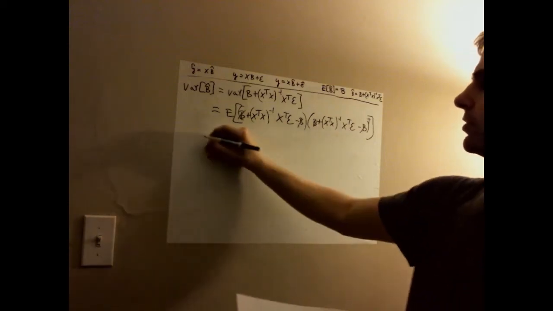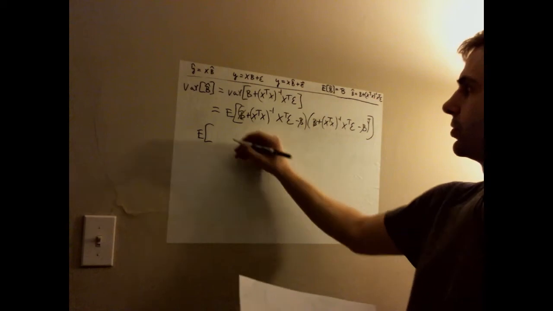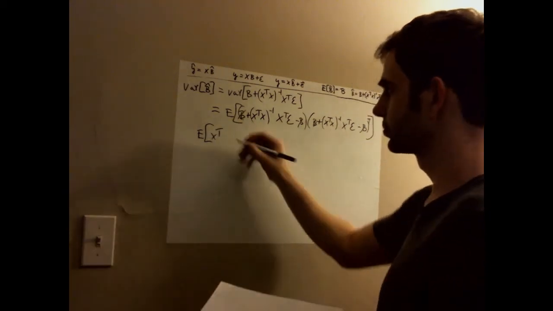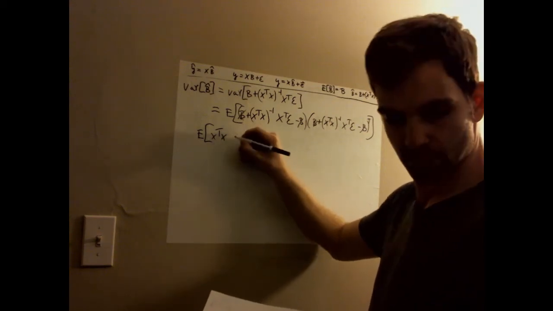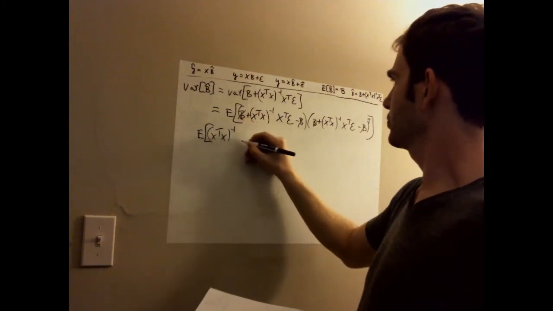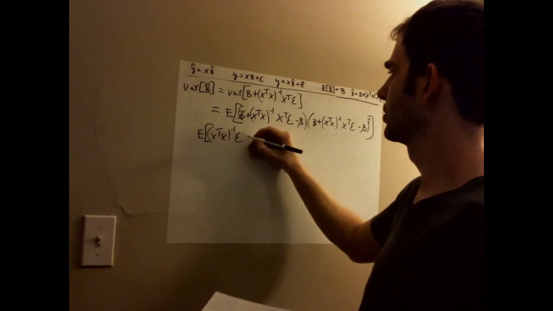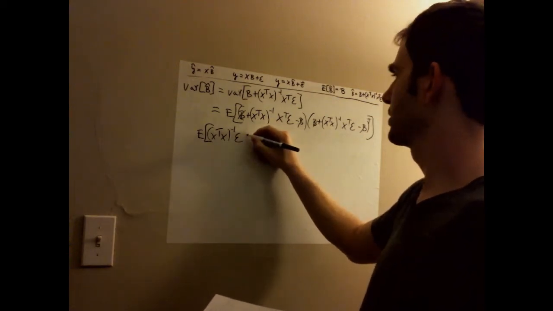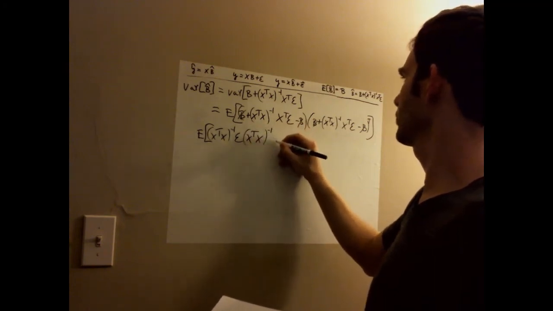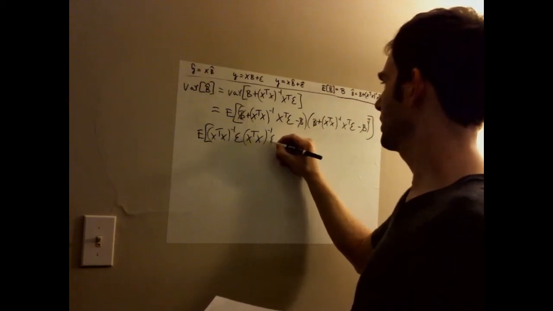and what we're left with is the expected value of (X transpose X) inverse multiplied by X transpose eta, and then that whole thing multiplied by (X transpose X) inverse X transpose eta.